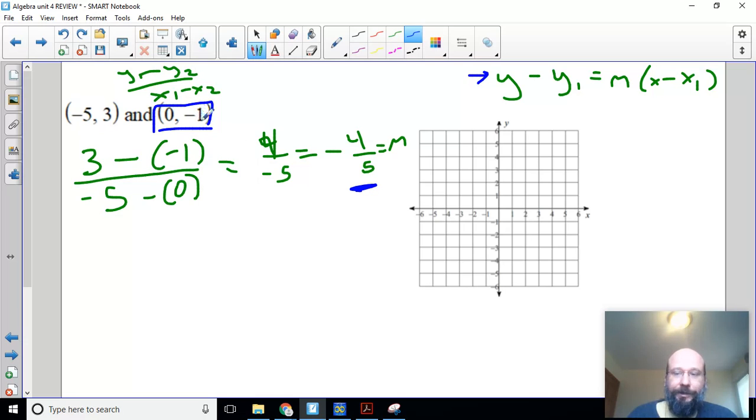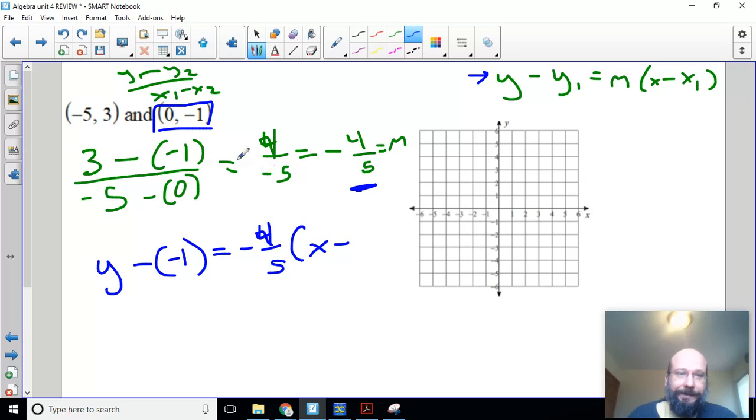So again, your first step is find the slope, and then use this formula. So y minus y1, which is -1, equals your slope, which we've determined is -4/5 times x minus x1, which is 0.